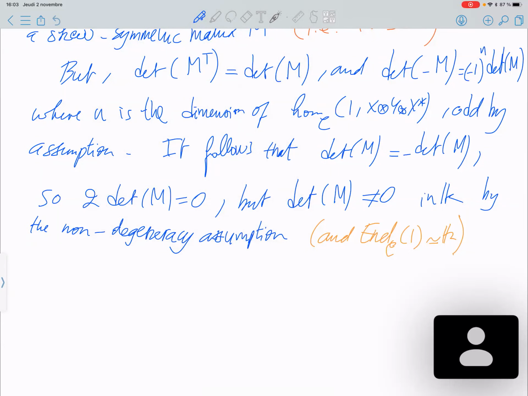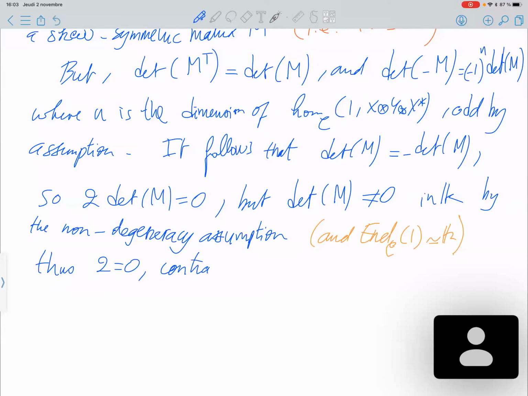So this is non-zero. So we have this is 0, this is non-zero. So we must have this equal to 0. So thus 2 equals 0.